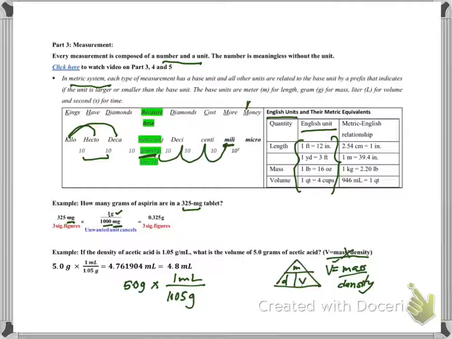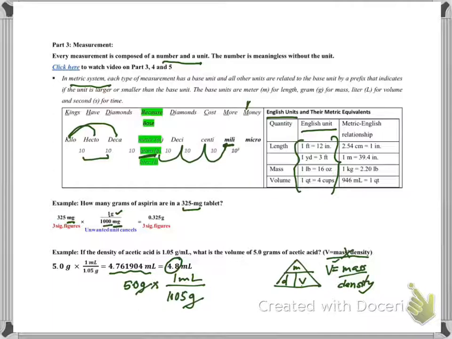So now grams cancel with grams. So 5 divided by 1.05 will give you this number, 4.76194. But then you have to write down your answer as 4.8. If you write it down as 4.76, it's wrong. If you write down 4.761, it's wrong. It has to be 4.8.